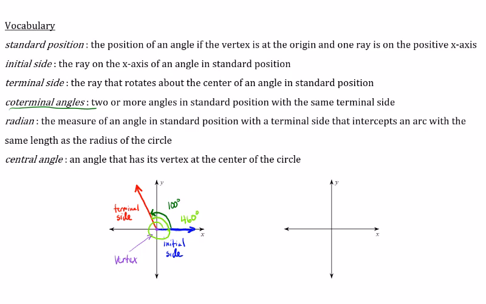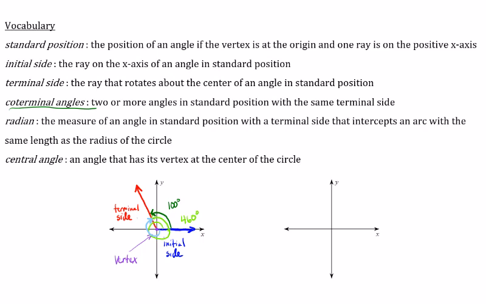And I can keep going around as many times as I want and get more coterminal angles, right? I can also go backwards. I can make a negative angle. I can go this way and get to a coterminal angle, right? So that angle would be, let's say I'll go 90, 180, and then what's the difference between 180 and 100?